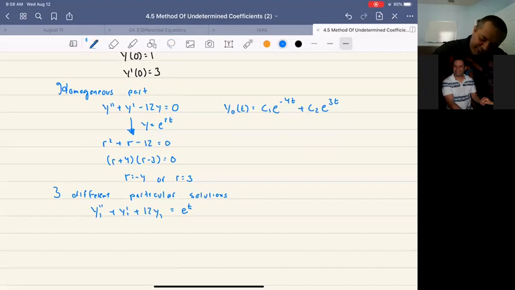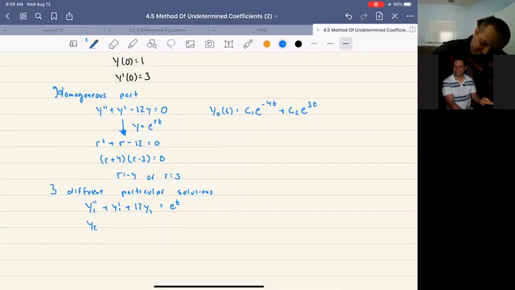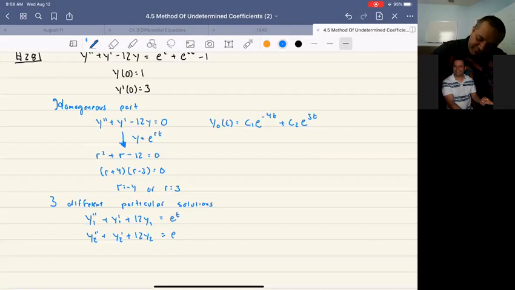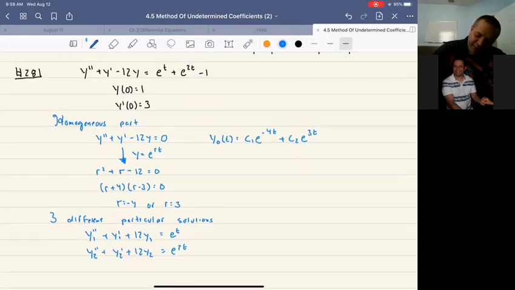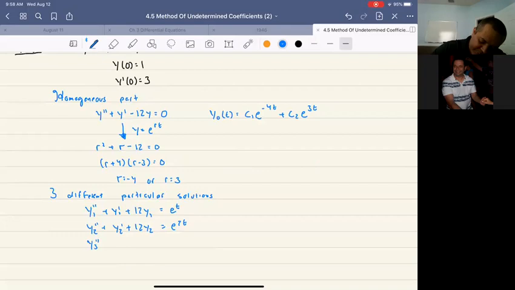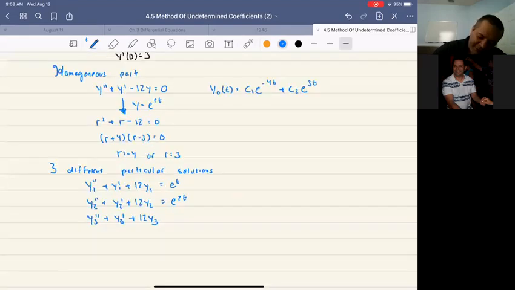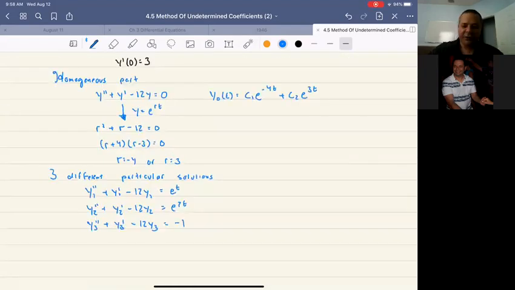Then y2 double prime plus y2 prime minus 12y2 equals e to the 2t. And then y3 double prime plus y3 prime minus 12y3 equals negative 1. Oh, those should be minuses, sorry about that. Okay, so we're going to solve each one of those independently.